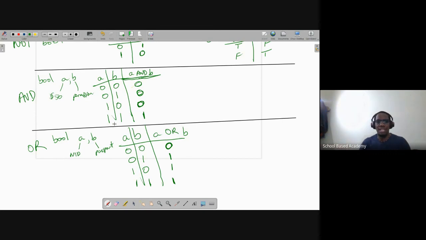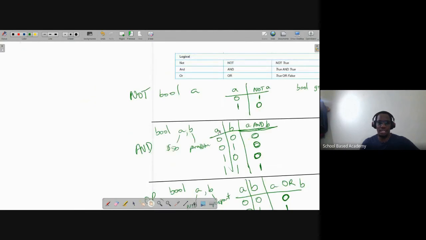So in terms of the rules for this, just to drive the rules home, the NOT operator essentially inverts the value of a logical variable.